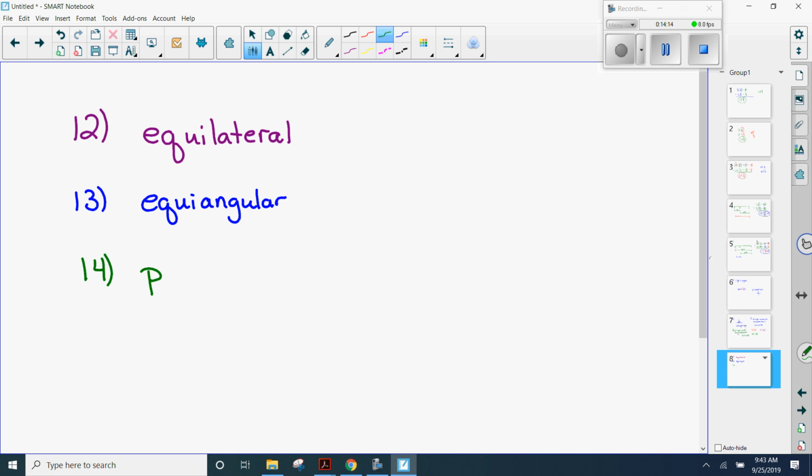Parallelogram. Two pairs of parallel sides is a parallelogram. Special types: rectangle, rhombus, square. Those are special types of parallelograms.